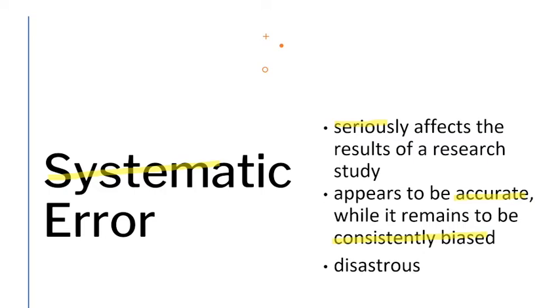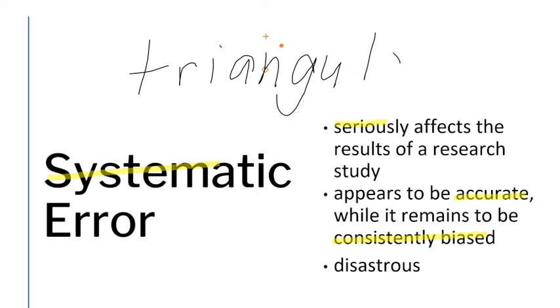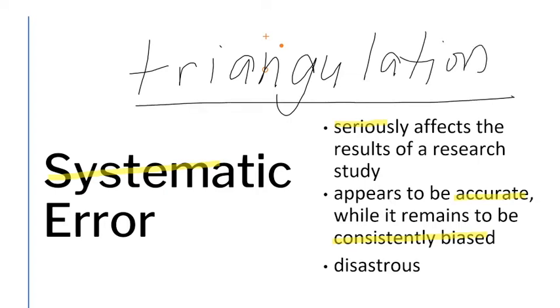So when I say triangulation, dear students, instead of me alone gathering the data, I would ask a friend, another researcher, to gather the data. You are trying to look into the data from three different perspectives: observer 1, observer 2, and observer 3.